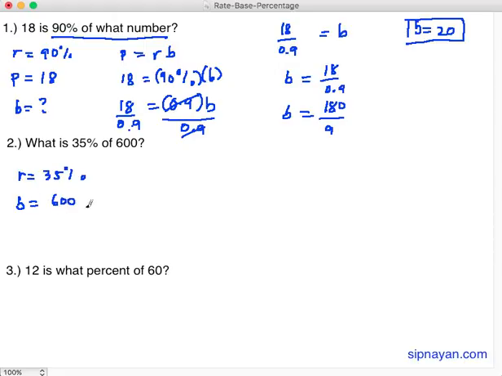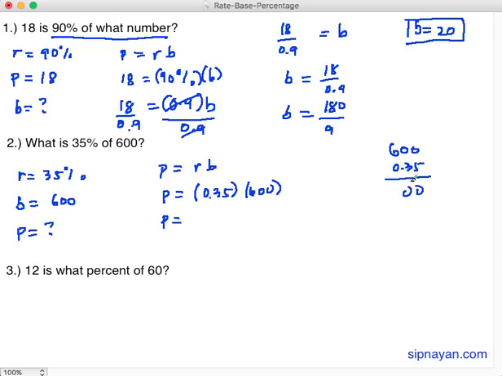So, P is the unknown. P equals rate times base. P equals 35% or 0.35 times 600.